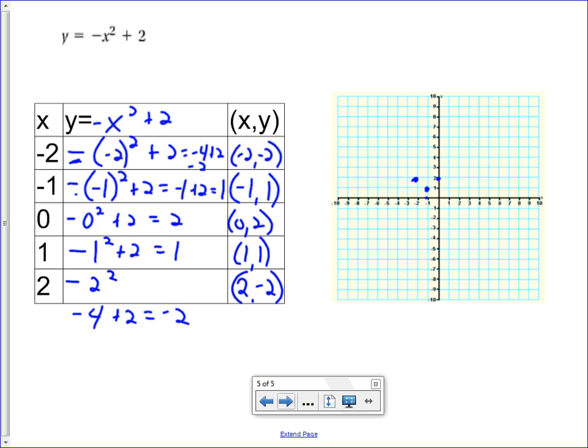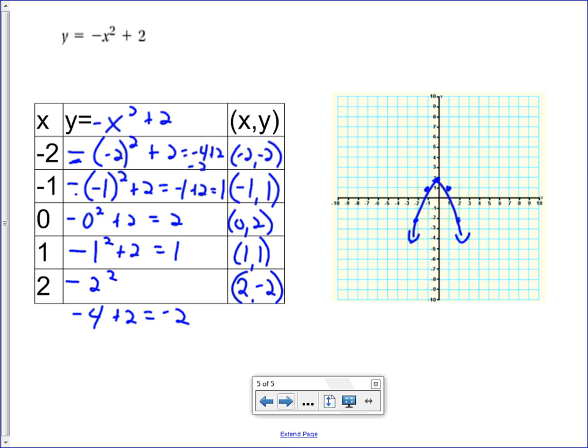Oh, I see my error. Here we are. We got a negative 2, negative 2. We got a negative 1, positive 1. We got a 0, 2. We got a 1, 1. We got a 2, negative 2. So we end up with this parabola.